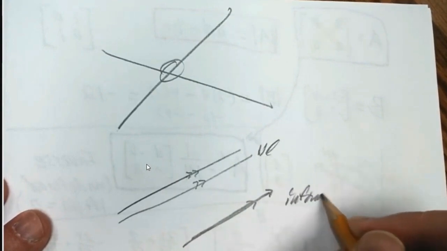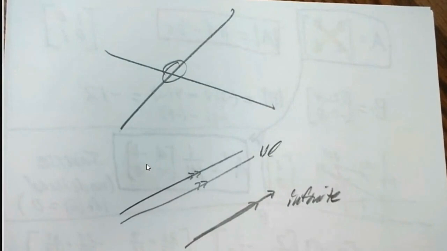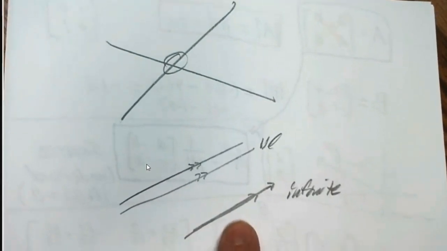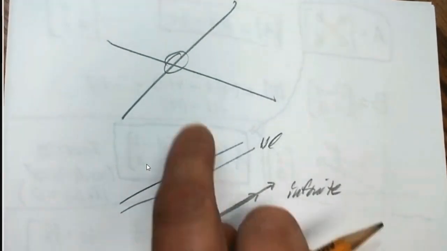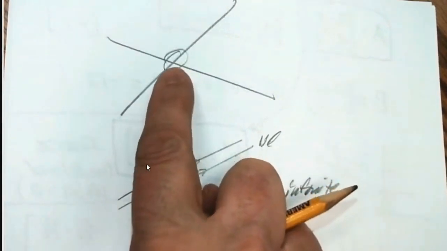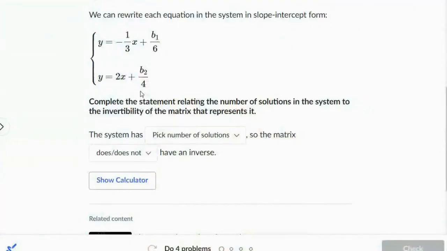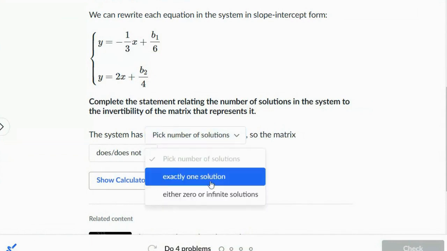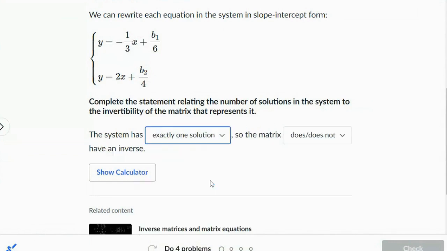That's the only possibilities with lines, right? Either they have an infinite number of places they touch, no places they touch, or one solution. So that's what this is asking. How many solutions does this have? Well, this has different slopes, so it has one solution. And since it has one solution, it does have an inverse.